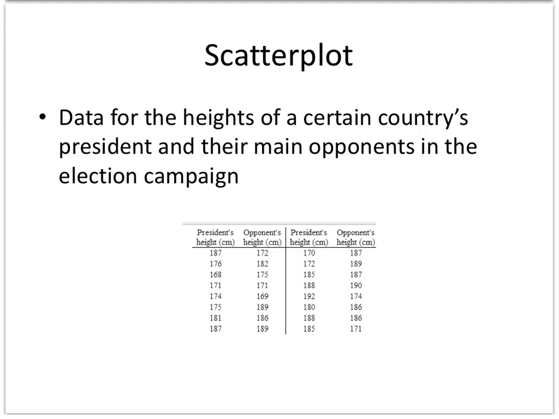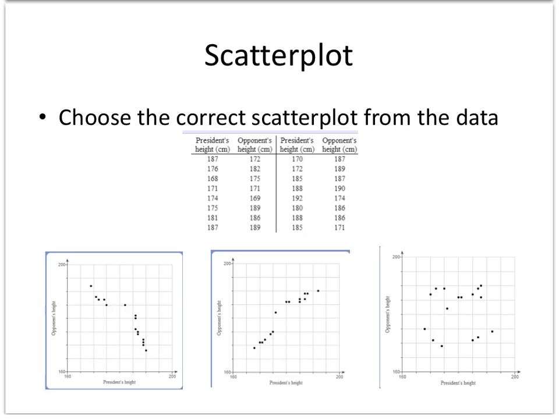So for example, I have the height of a certain country's president and their main opponents in the election campaign. So you see the height of the president versus their opponent. I want to figure out which one of these is the correct scatter plot. Well, one thing that I notice is if I just look straight here, these aren't going completely down or completely up.